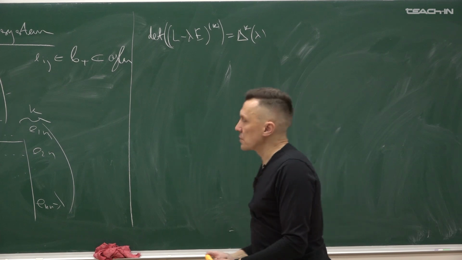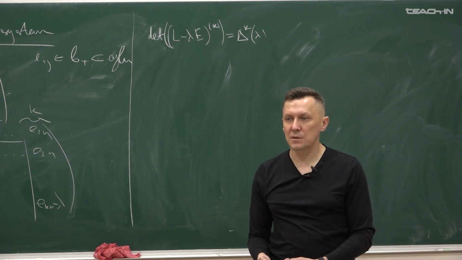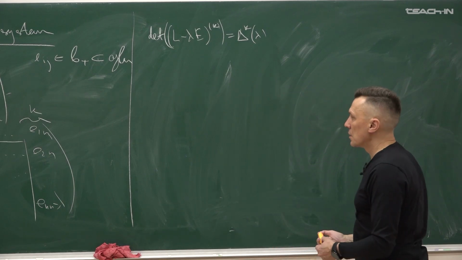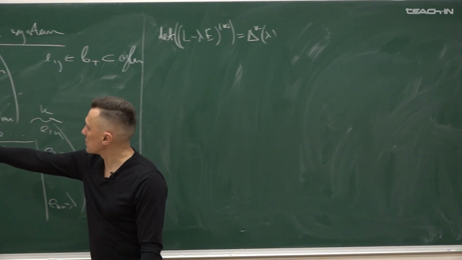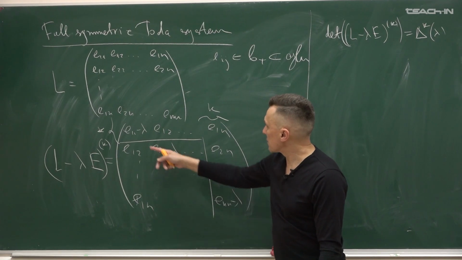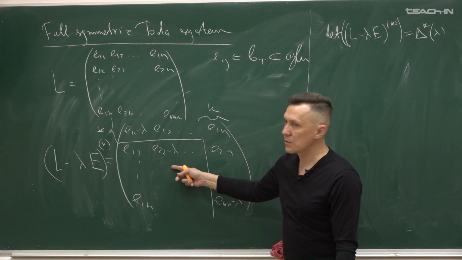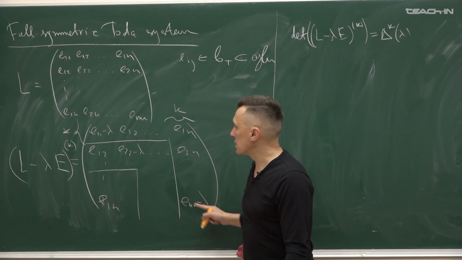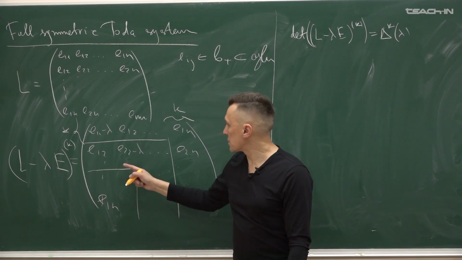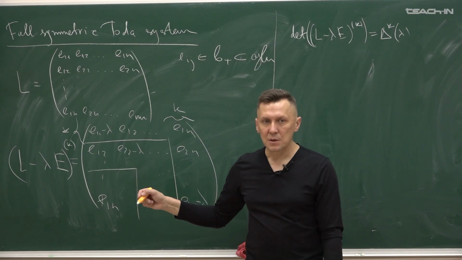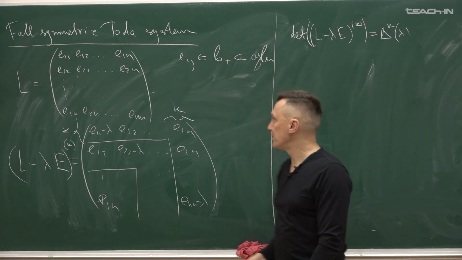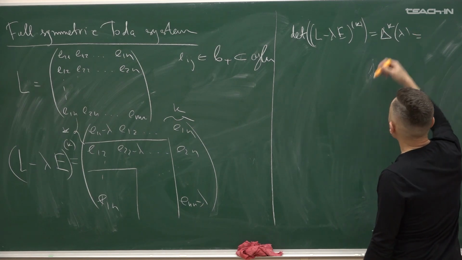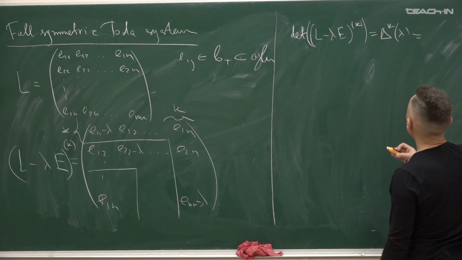If k is not greater than half of n, it is a non-trivial polynomial. It depends on lambda. If k is greater than half of n, we don't intersect the diagonal, so in this submatrix there are no lambdas, so it doesn't depend on lambda. And I will introduce the coefficients of this polynomial.